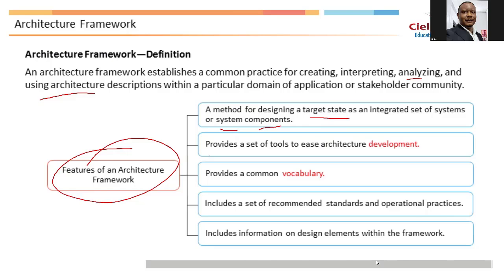The architecture framework also provides a set of tools to ease architecture development. The framework can offer us tools and methodologies that can help architects develop, visualize, and implement complex systems effectively. Tools for modeling software and templates allow architects to plan and document system components, especially as it pertains to the organization.